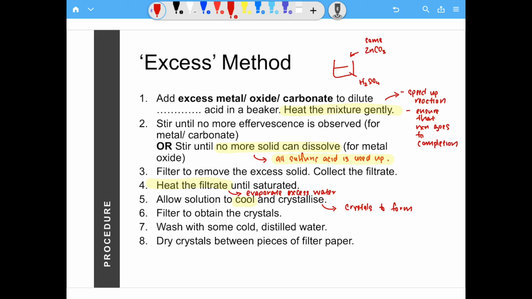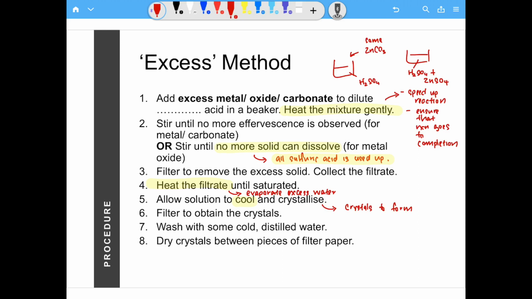After all my zinc carbonate has reacted, what is left in my solution? I will have a mixture of sulfuric acid that's unreacted plus my zinc sulfate, which is the salt that we want to prepare. Now we have two solids that are soluble in water. Can you think of a method to separate them? The answer is no. There's no way to separate two solids that are soluble in the same solvent.